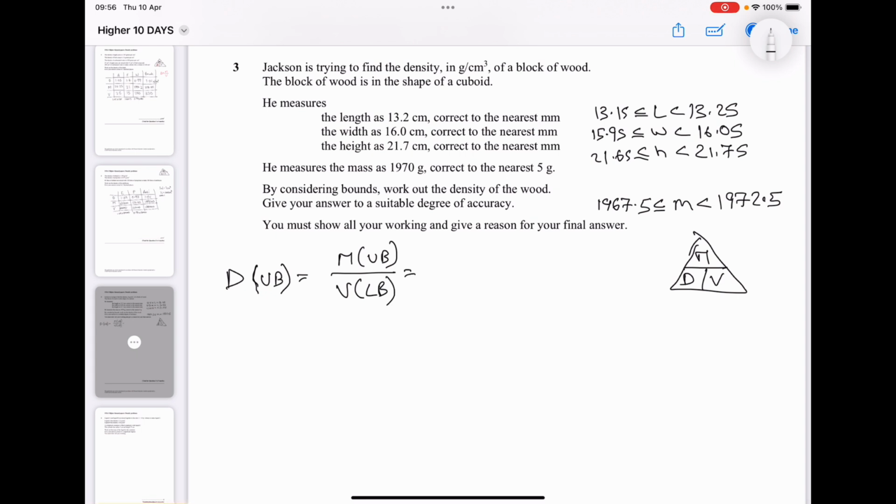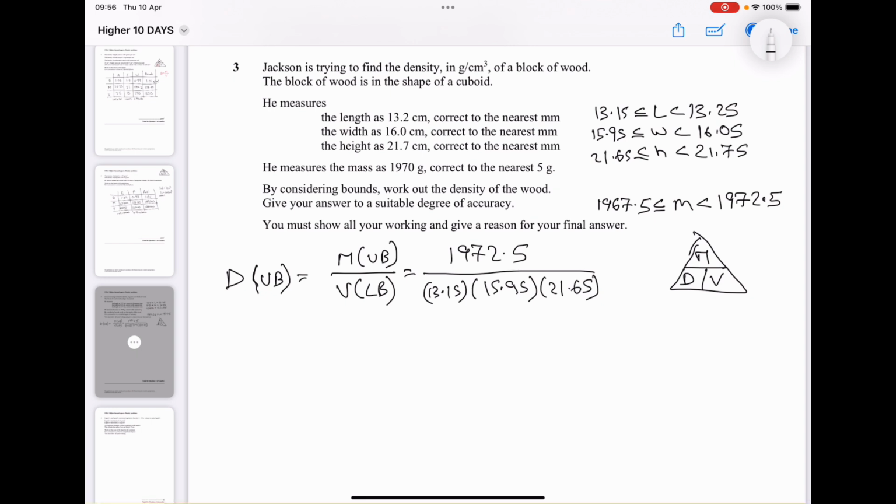So the mass upper bound is 1972.5, and the volume lower bound is all the lower values multiplied together. So I've got 13.15 times 15.95 times 21.65.